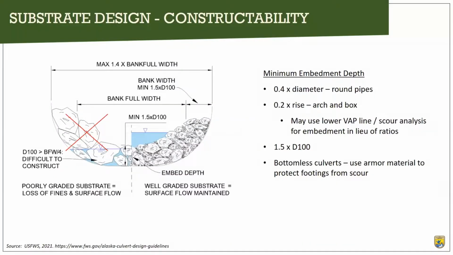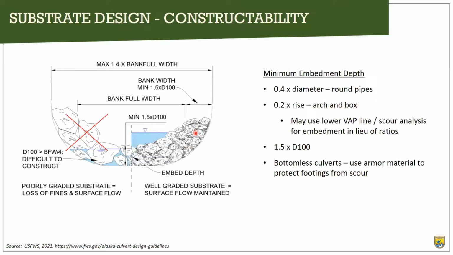We're going to think about constructability with our riprap sizes, or our D100 size. I want to mention that you don't have to use riprap. We could also use rounded particles, which are also great if those are available. But our bank width needs to be at least 1.5 times the D100 to make this constructible and to make sure that we are able to get a well-graded substrate.